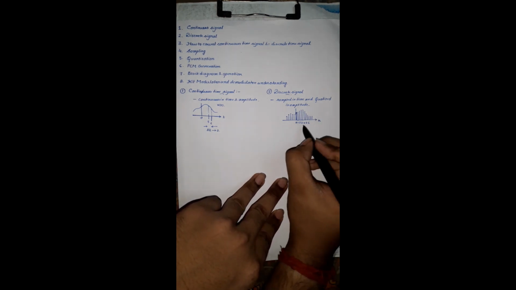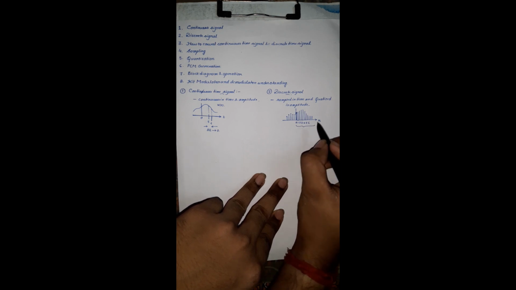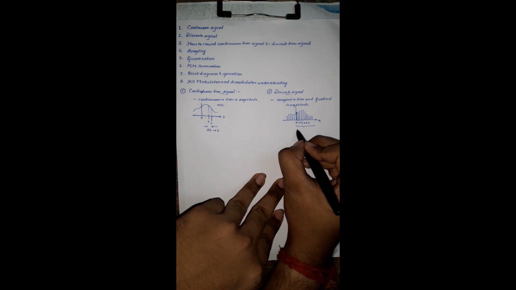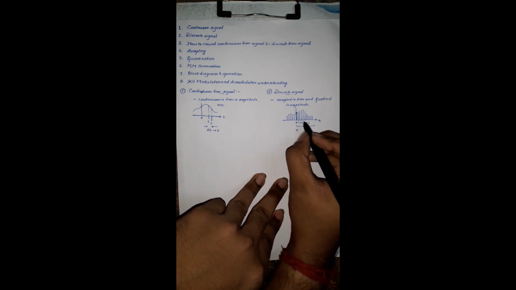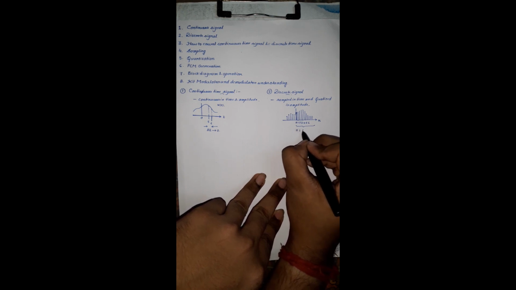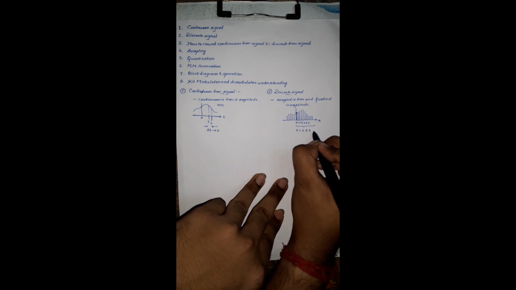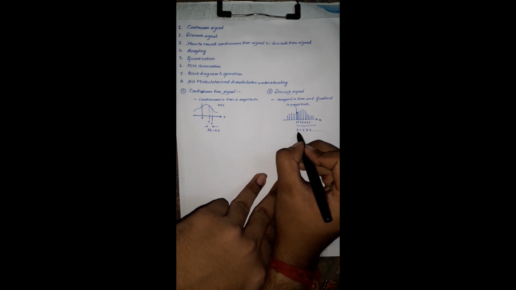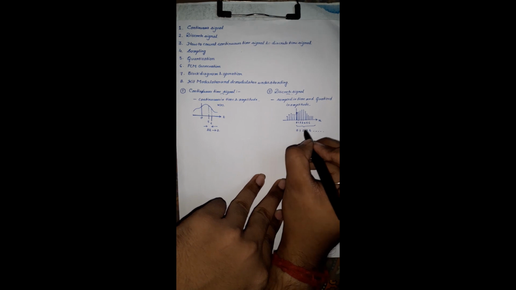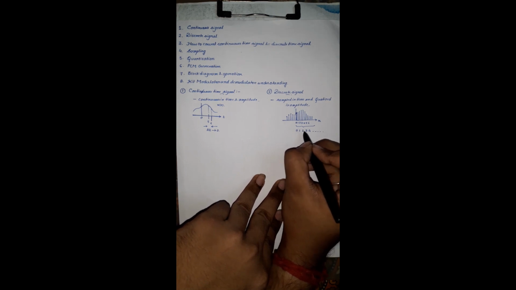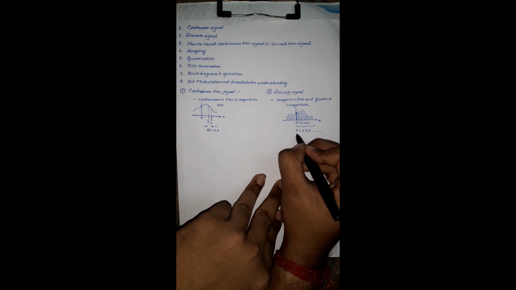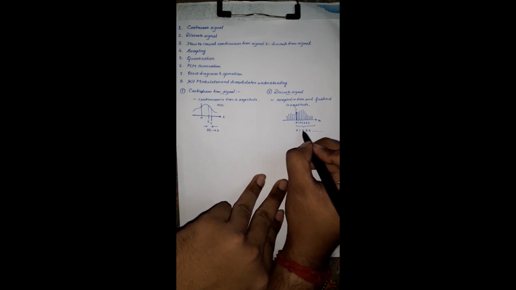And not only that, you can see that the time domain has been discretized. That means time is not continuous. Here, for example, we can say that 0, 1, 2, 3, 4 are the discrete times. In between 0 and 1 s, no time samples have been taken. After the 0th time, the 1st time has been considered.